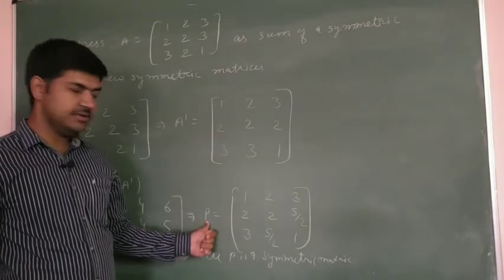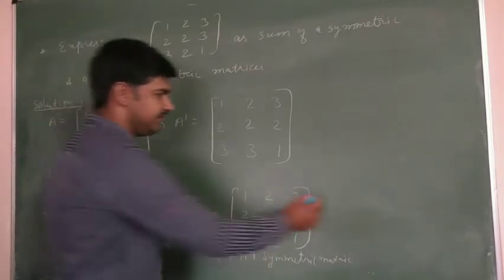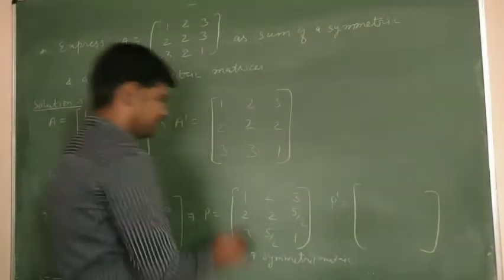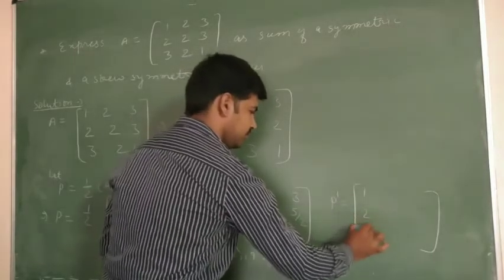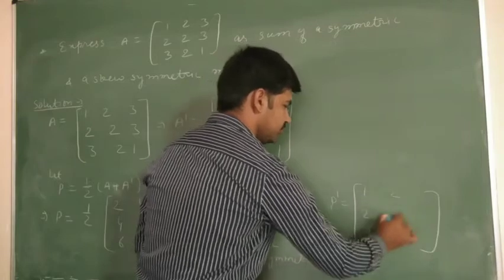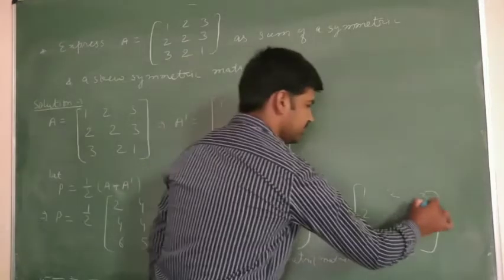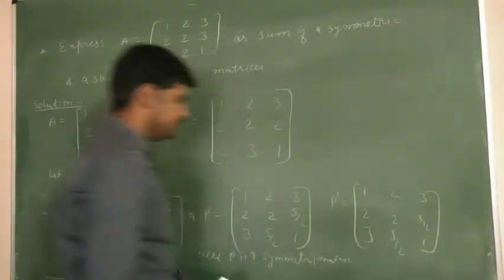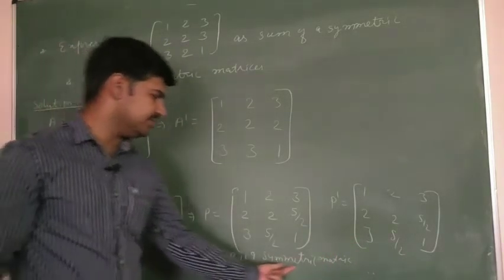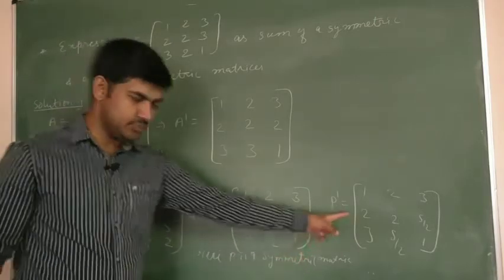We have got the value of P. Now if you find P dash, then the elements will be: the first row 1, 2, 3 has become the first column 1, 2, 3. Then 2, 2, 5 upon 2, and this is 3, 5 upon 2, 1. You may notice P is equal to P dash, and that is the reason why I have written here P is a symmetric matrix, as you have to write here P is equal to P dash, and you have to find P dash here.